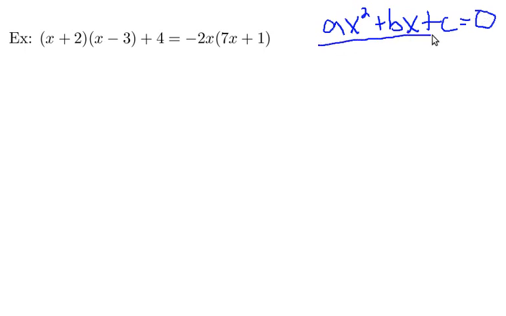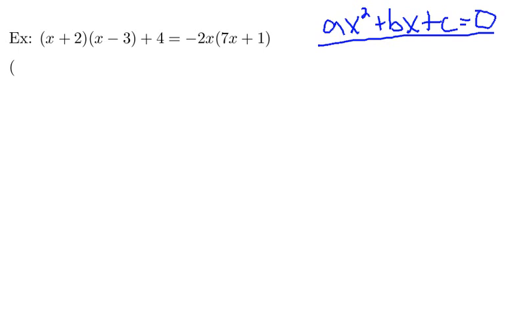This is the standard form for a polynomial, I guess, for an equation, you might say. So what we need to do is multiply all this stuff out and then combine everything on one side of the equation, and then we'll have it in standard form. So let's go ahead and do that, and you'll see what I'm talking about.